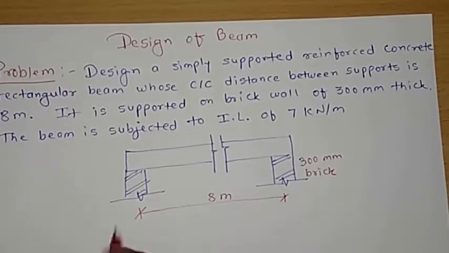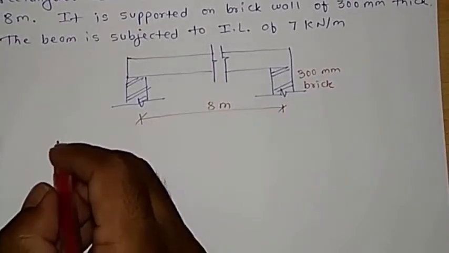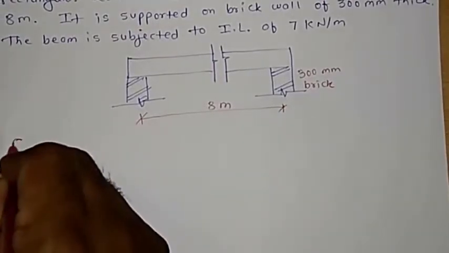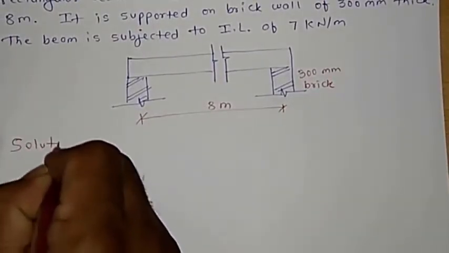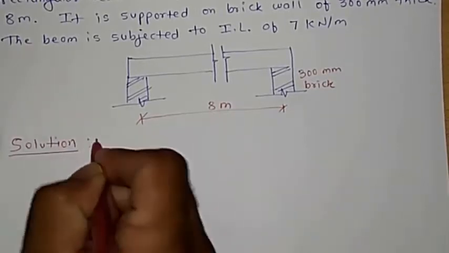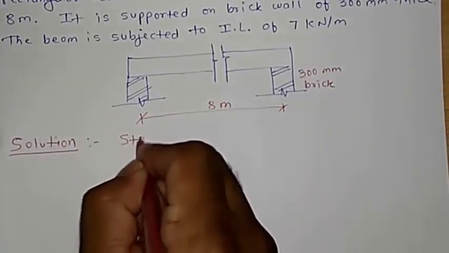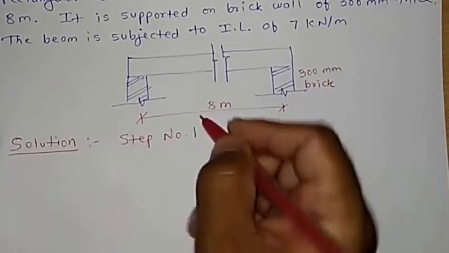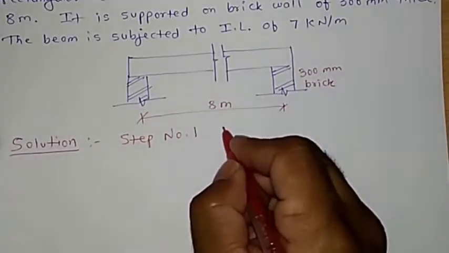First of all, let us have the solution. So let's start with the solution. Step number 1. That is grade of steel and concrete.